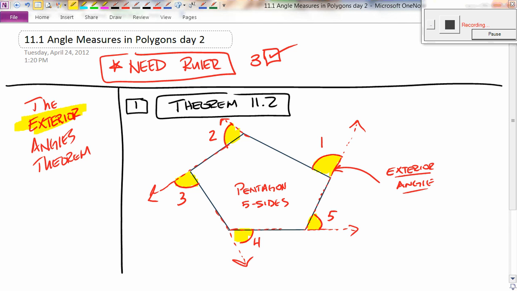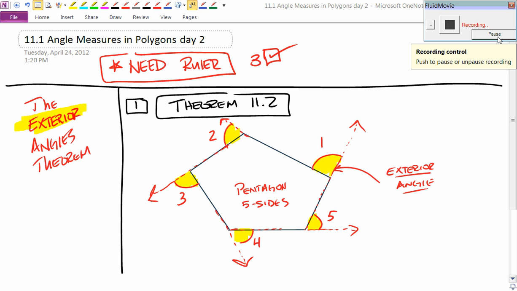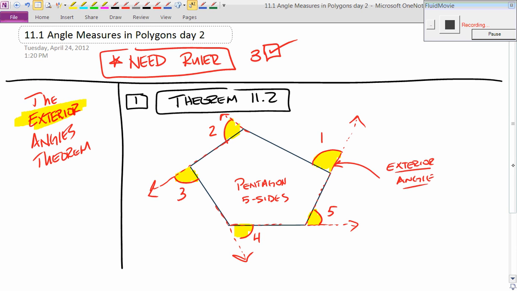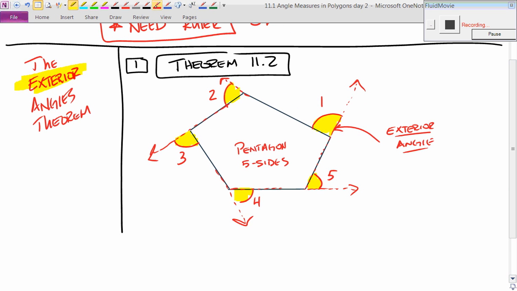Alright. So now I'm keeping the regular colors. Alright, so the exterior angles theorem says something that's really important, really quite fantastic. It says that if you add up all these, the measure of angle 1 plus 2 plus 3 plus 4 plus 5, all of the angles on the outside, it always adds up to 360 degrees.